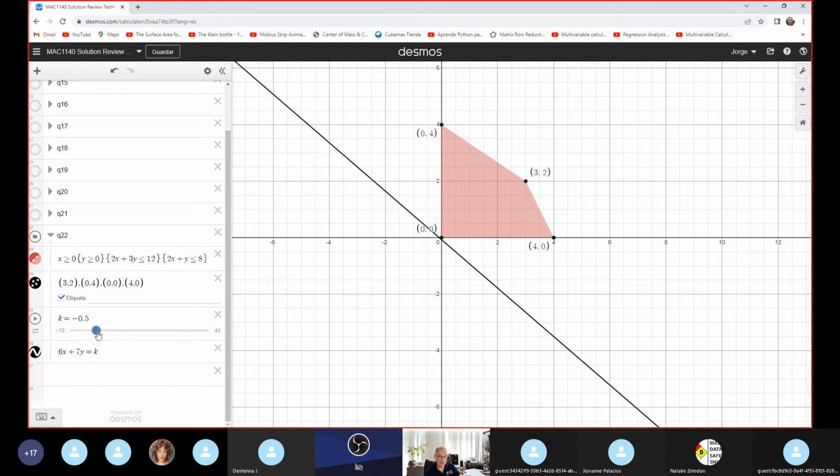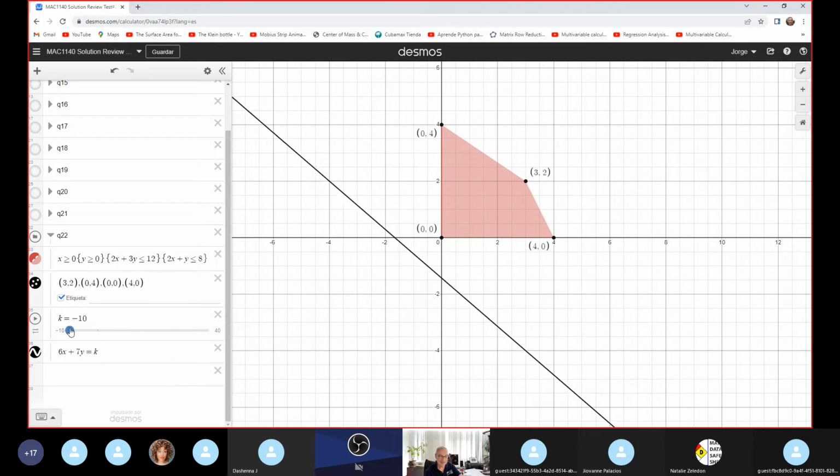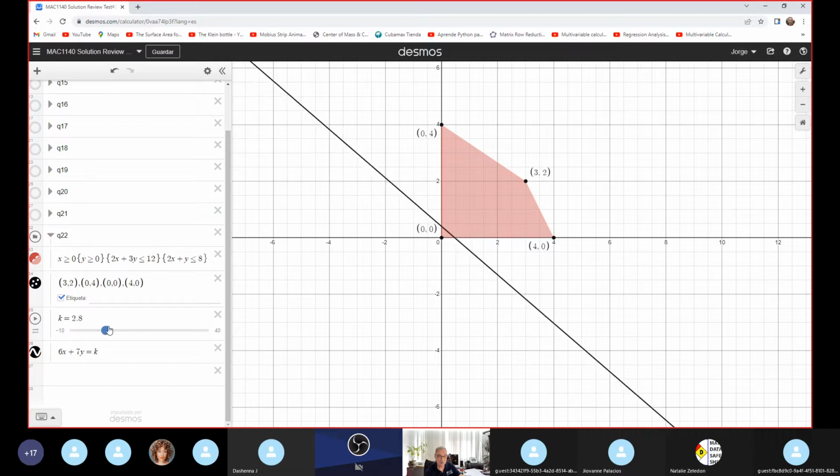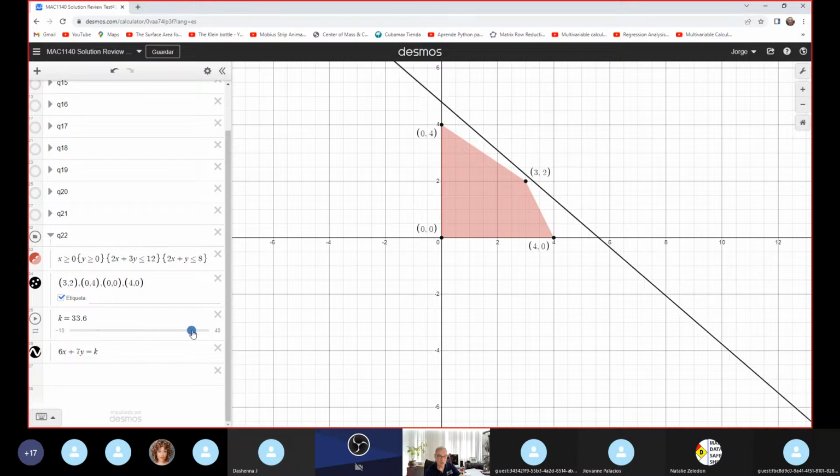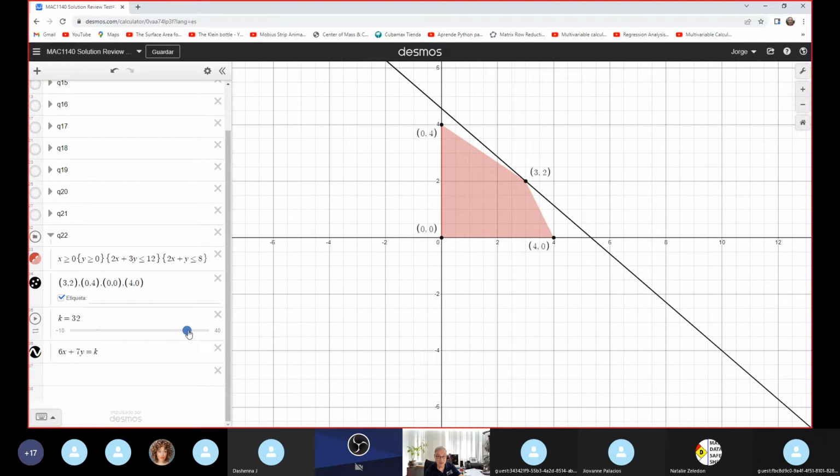The only solutions that have sense are inside the feasible region. You see that the first time the objective function touches the quadrilateral is in this corner, and the answer is 32.